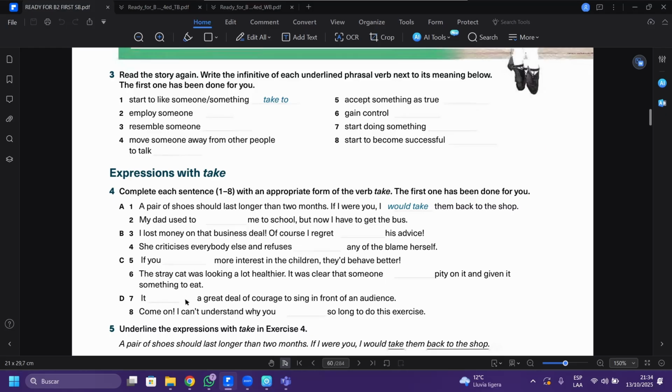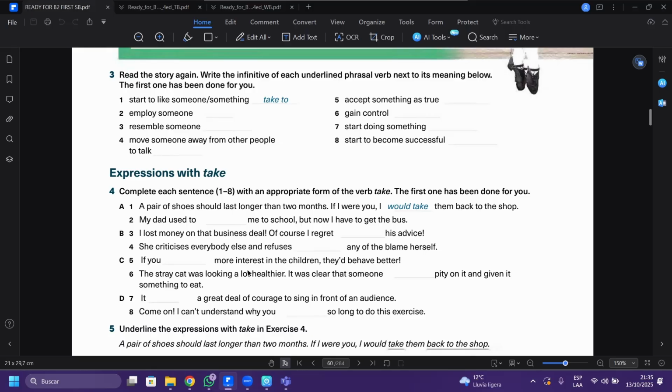It takes. Yes, I was thinking in the other sentence we used to start to become successful and start doing something.